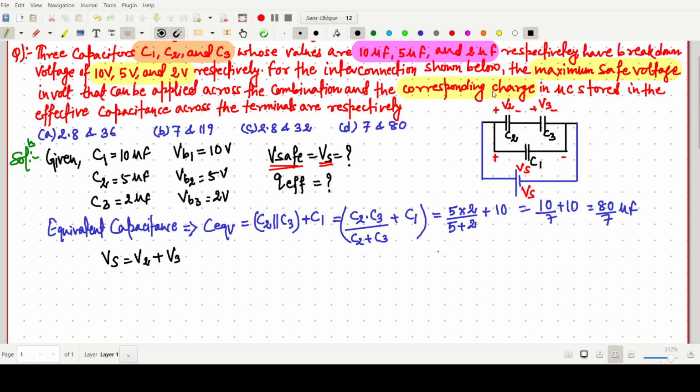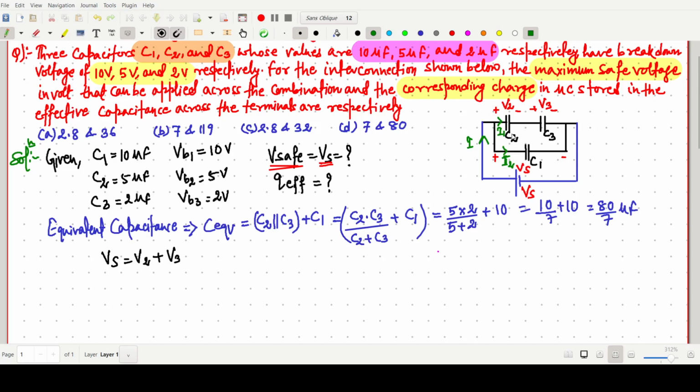Next, let the current in this branch be I1.